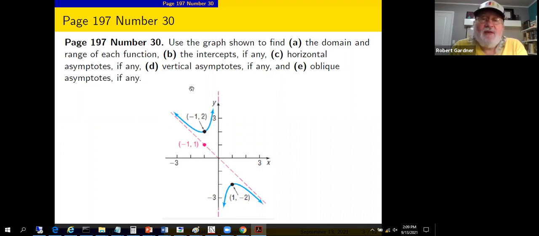Range, what y values do you get out? Well, this looks like it's going upwards without bound. In fact, there's a dotted line here to indicate a vertical asymptote. So it's going in that direction. So we get all these y values out. In fact, we get them all out twice, once on this branch of the curve and another time over there, until we reach this low point of (-1, 2).